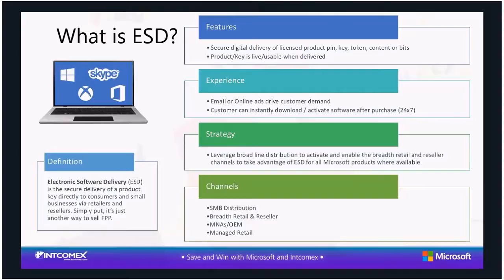The experience is interesting because it's email or online. You can do email or online ads to drive customer demand. You can enable your web page or your e-commerce page to have the ESD so the customer can purchase directly from your page. So basically you have the Office 24/7 without having the inventory.